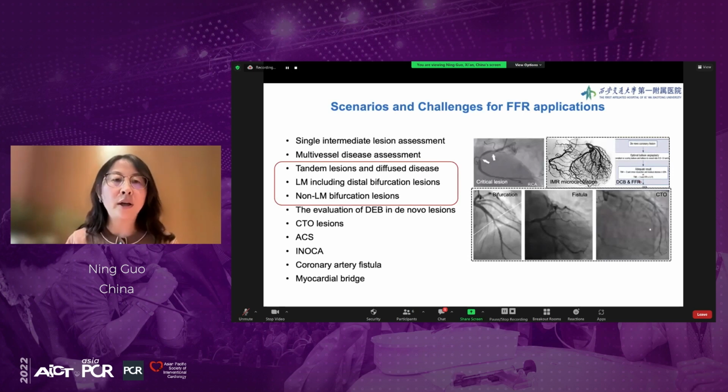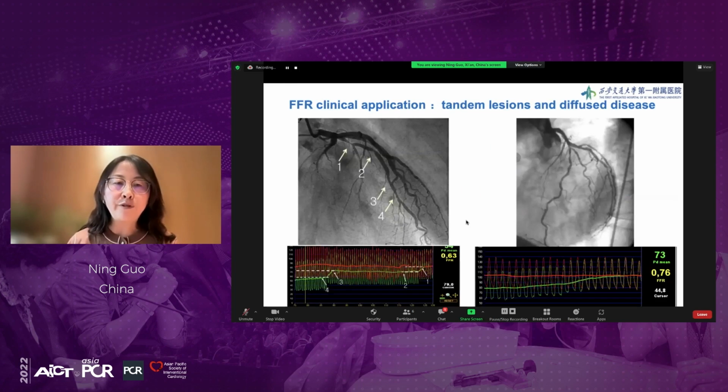So far, FFR has been used very widely to evaluate single intermediate lesions, but it has already expanded to a lot of scenarios like multivessel disease, tandem lesions, diffuse disease, left main and non-left main bifurcation disease, DCB in de novo lesions, CTO, ACS, INOCA, etc. I will talk about a few of them because of the time limitation.